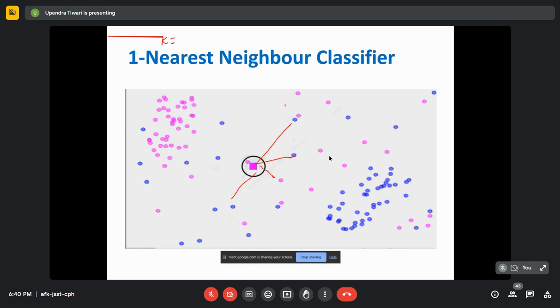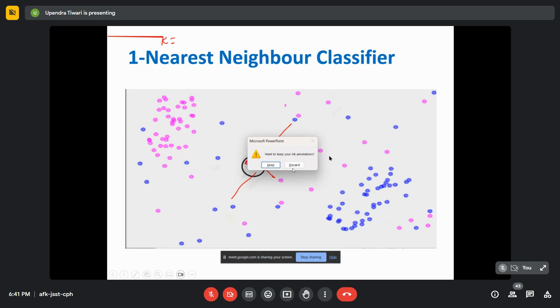Since we are finding the one nearest neighbor, we find only the single data point nearest to the new input. In this case, this is the nearest data point, and since it belongs to the pink class, the new input will also belong to the pink class.